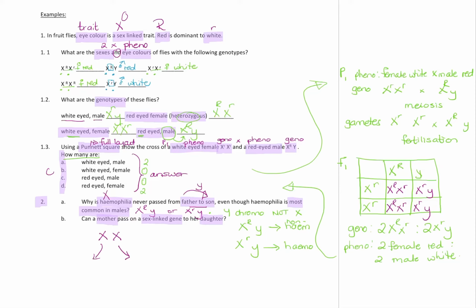So in this case, if the mother is homozygous for the dominant condition, then the daughter will pick up one of those alleles. Or if the mother is heterozygous for the condition, then once again, when alleles segregate and fertilization occurs, the daughter can pick up either one of those alleles.